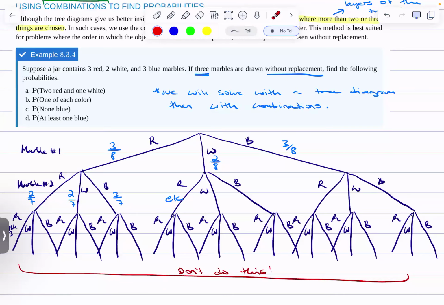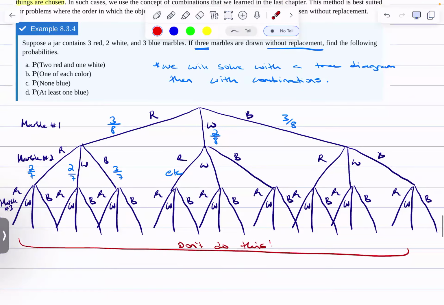Let's map out a 2 red and 1 white. That could happen here, here, here, and 1 white. Or a red, white, and a red.